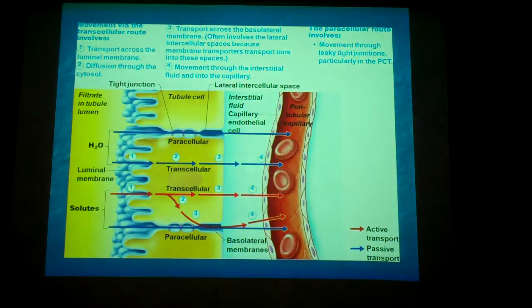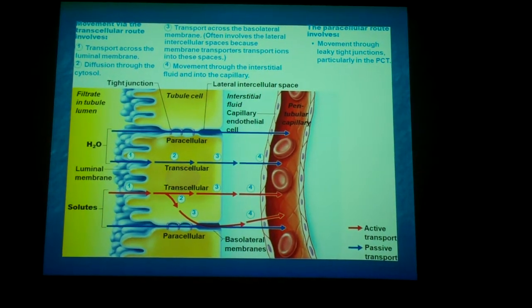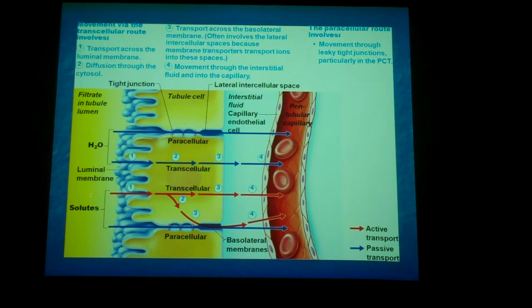So, right here. This is absorption. This is tubular fluid. This is tubular cell. This is peritubular fluid or interstitial fluid. This is blood. So things that are reabsorbed pass through the apical part of the cell. The apical part is the part facing the tubule lumen.